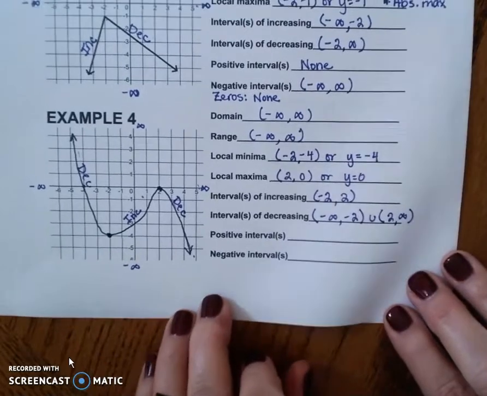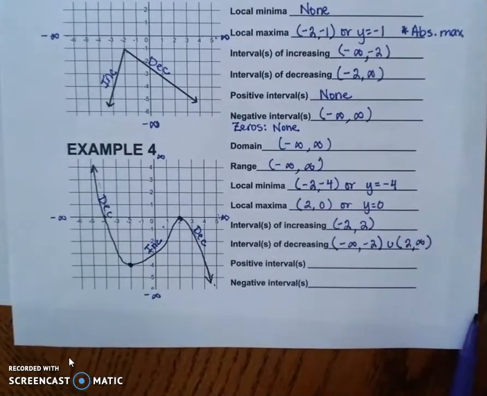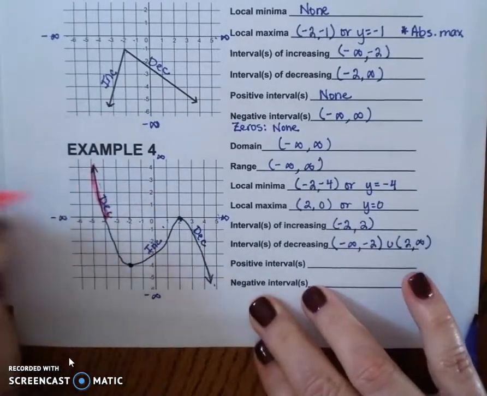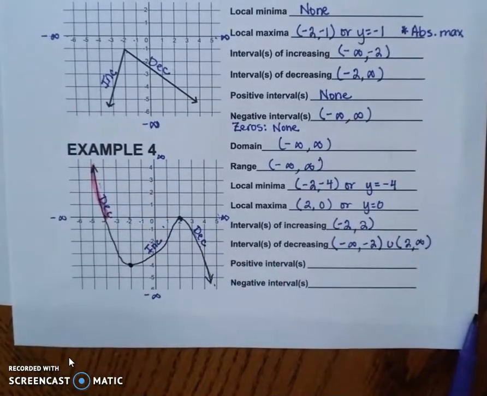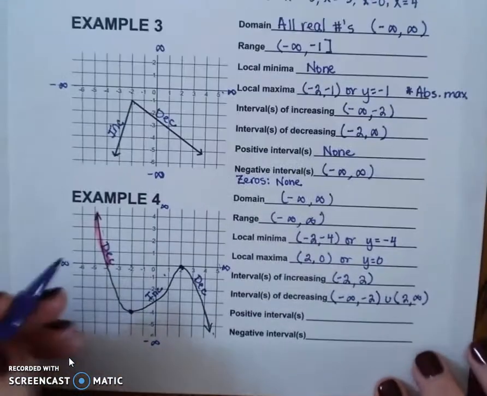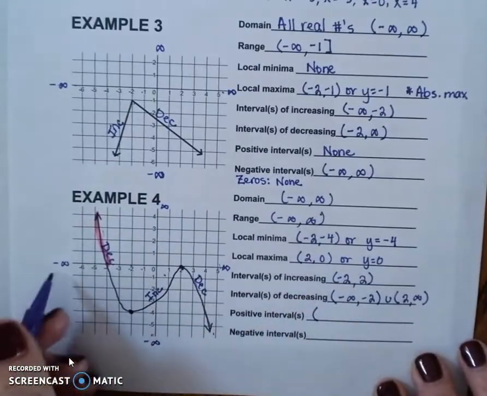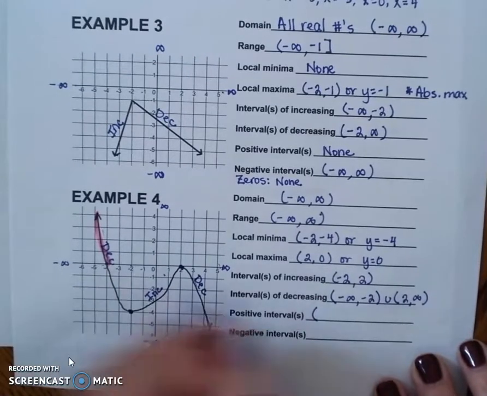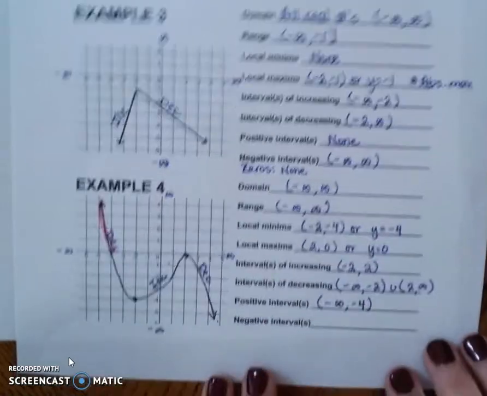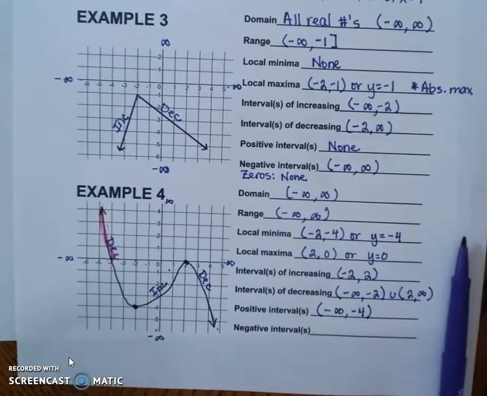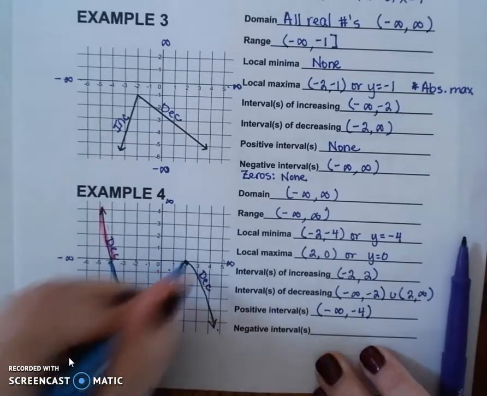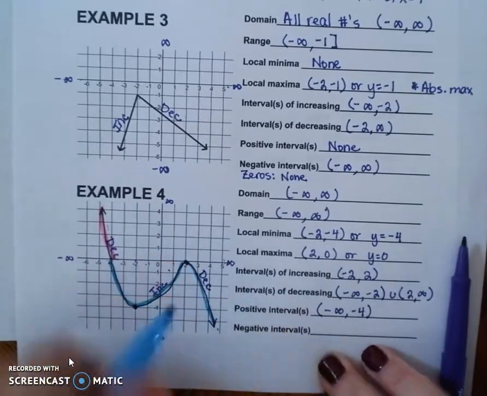So then our positive intervals, where is this above the x-axis? So really only there. So this piece right here, so the x values for that is going to be -infinity to -4. And then for where you're decreasing, we have to be careful here. It gets a little tricky. So you have this portion, and then we have this portion.